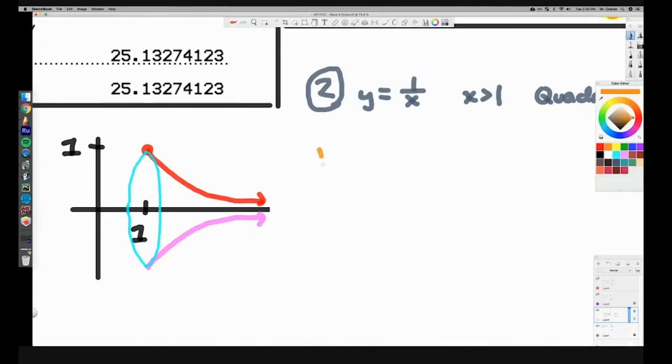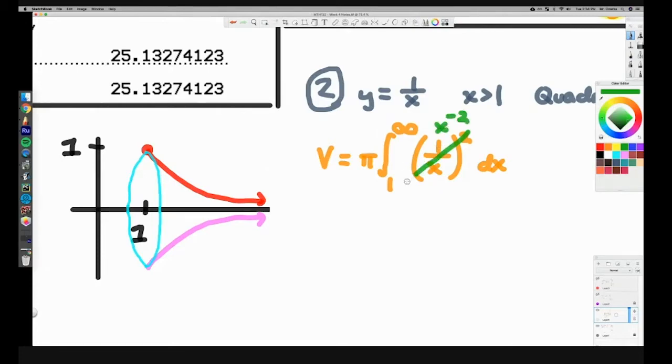So the volume is going to be equal to pi. This is crazy, by the way. So we're going to go from 1 to infinity. Okay. And the function is 1 over x. We're going to have to square it. dx. Okay. I'm going to simplify this just to make my life easier.